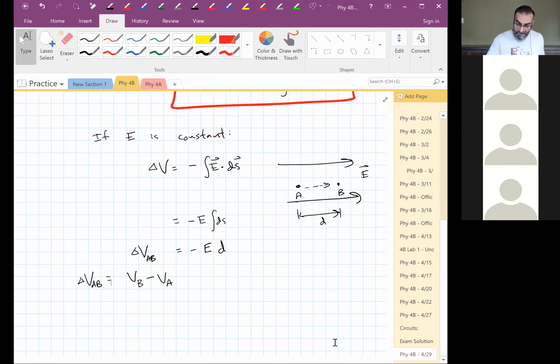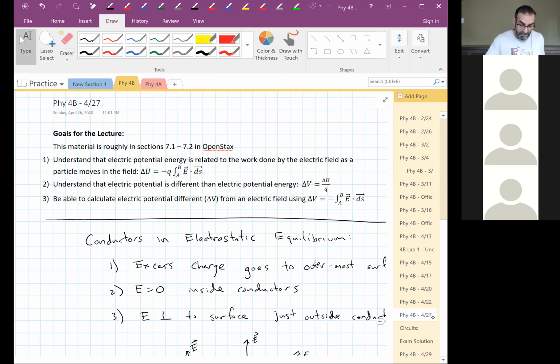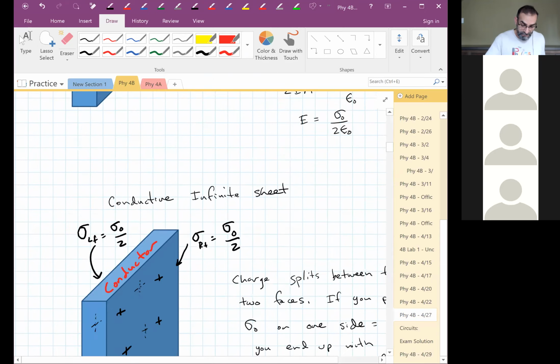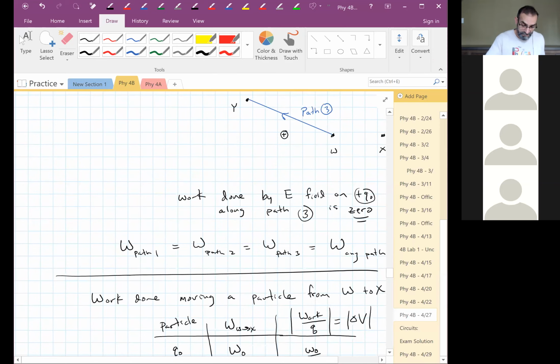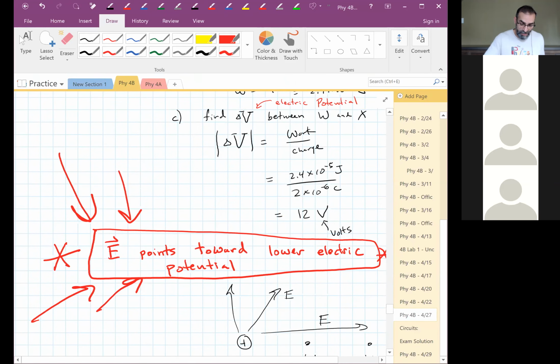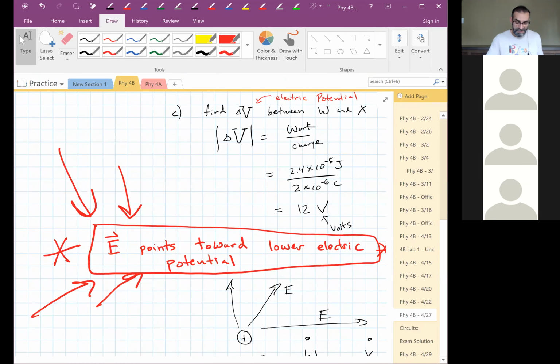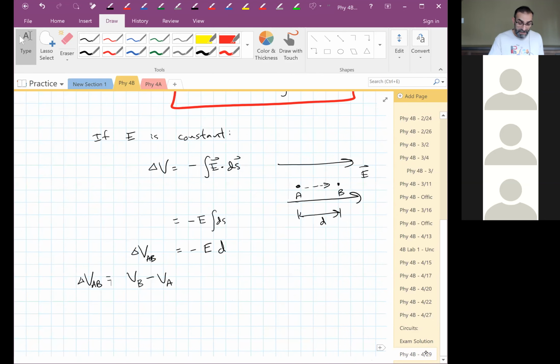yes. Why is that? Because last time we had this equation, that one with the arrows and the stars and the red box. E always points toward lower electric potential. So if the electric field is pointing from A to B in this problem, A has to be higher.